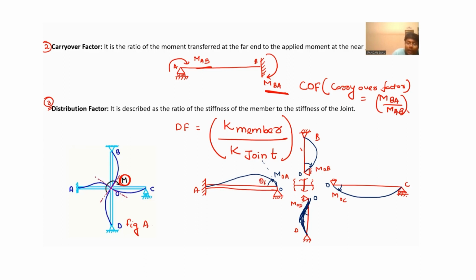And if this is theta, everywhere it should be theta, because this is a rigid joint. For a rigid joint like this, suppose this is a frame and there is some load like this, its deflected shape will come something like this, such that the angle before deflection and the angle after deflection should remain intact.